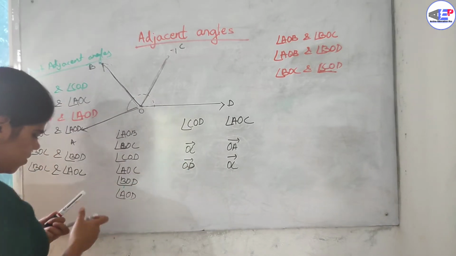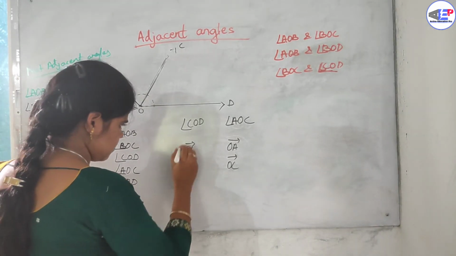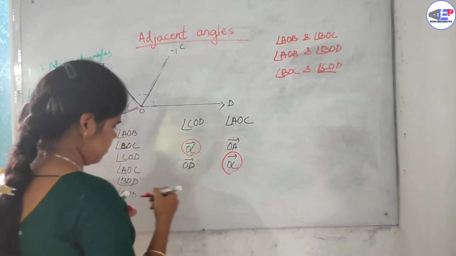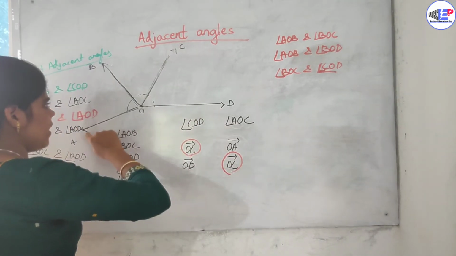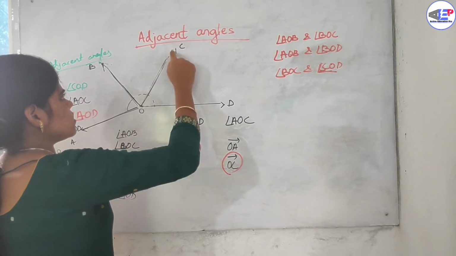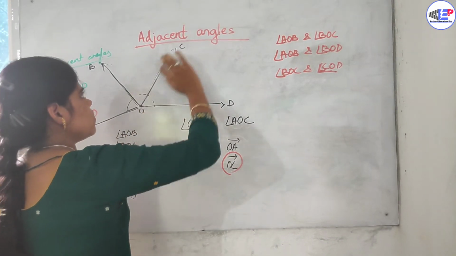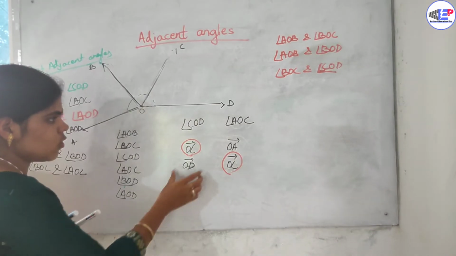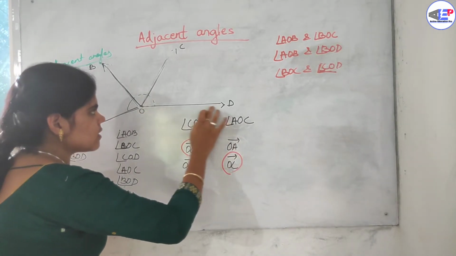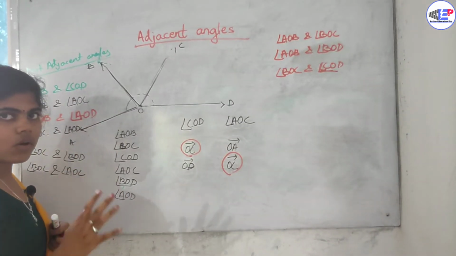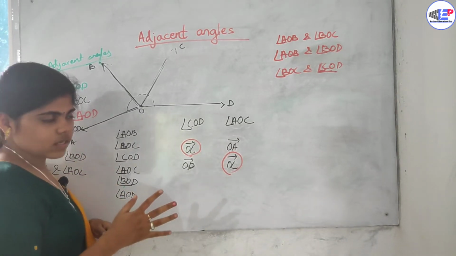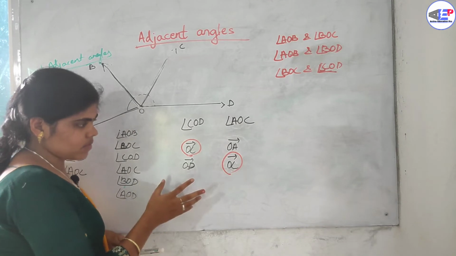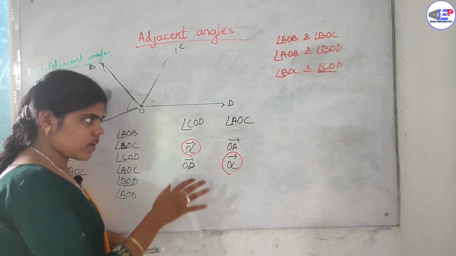Here O is the common vertex and OC is the common arm. Look here, the angles AOC and COD. OC is the common arm, whereas OD and OA are the non-common arms. To be a pair of adjacent angles, the first condition was about the common vertex and common arm, which is satisfied by these two angles.